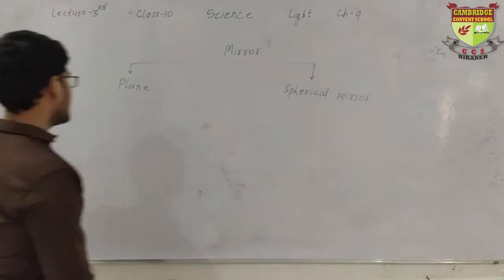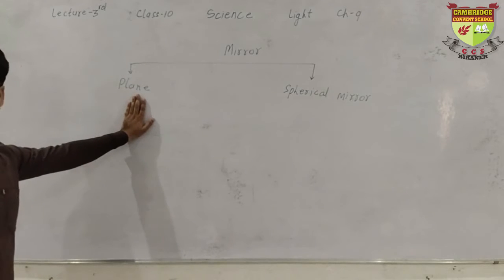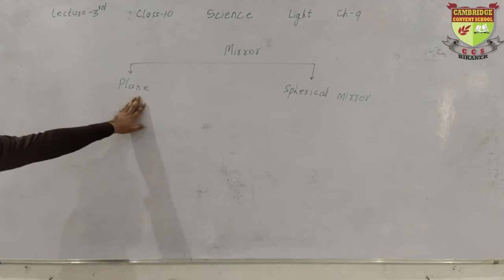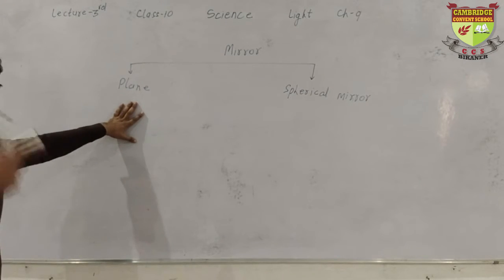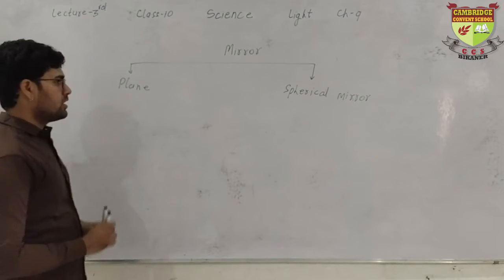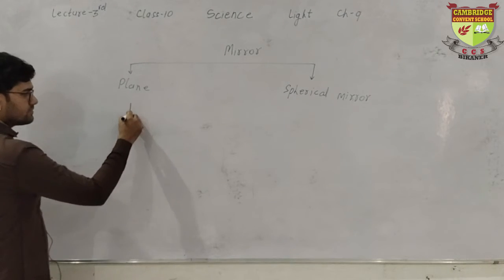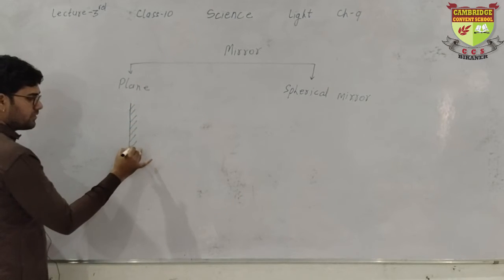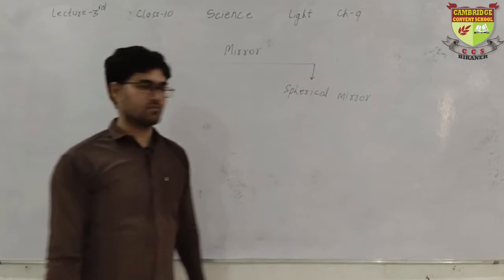So the mirrors in which mostly no change takes place are plane mirrors. These are present at our home. We often see this, or I will say often in a day, that will be an appropriate term. Plane mirror, like this, a mirror whose one layer is coated with the reflecting material.